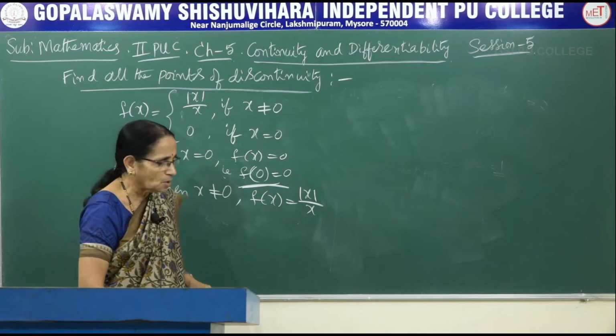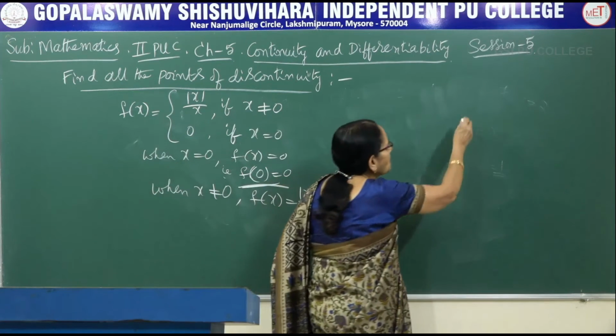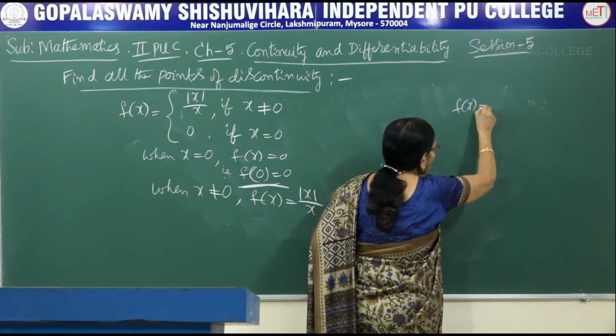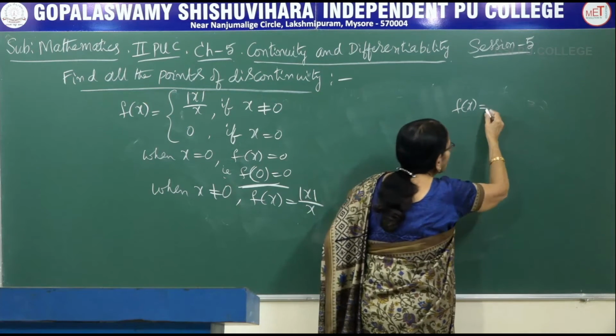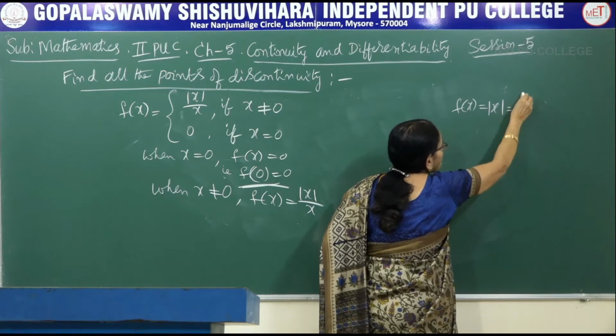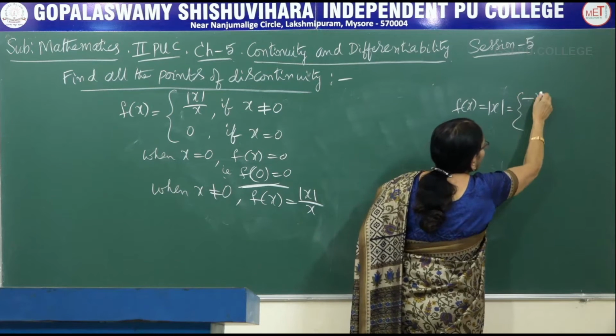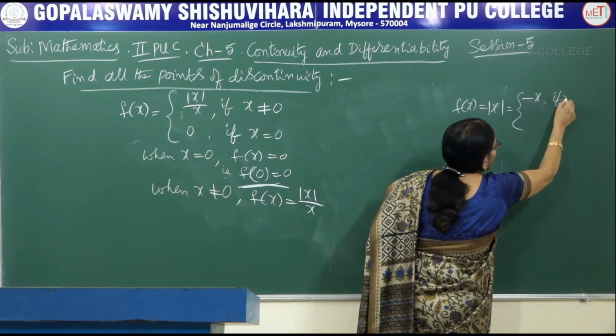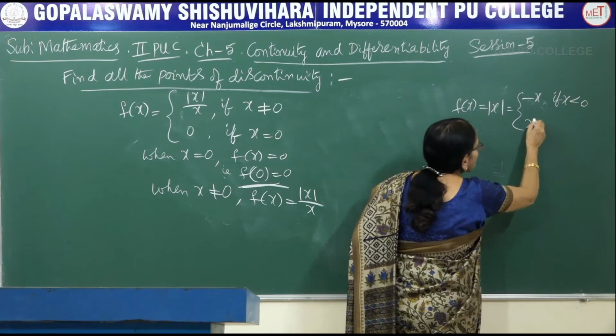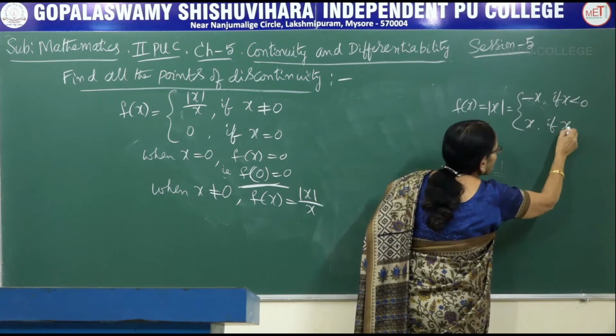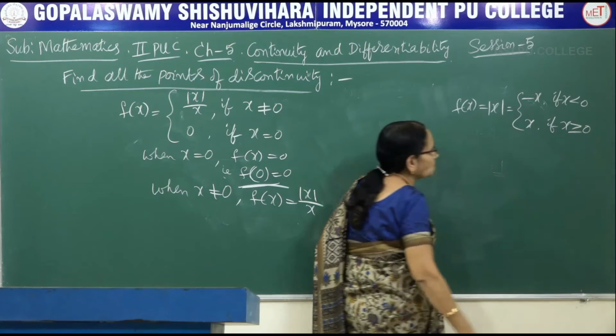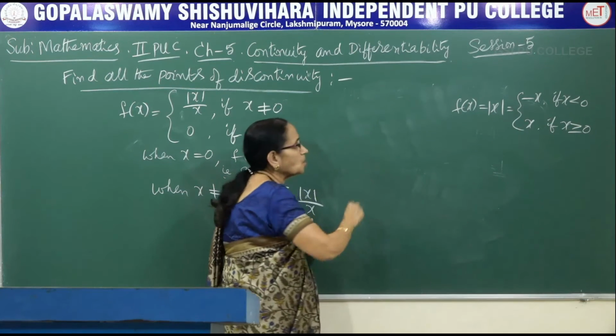You know the definition of mod x. I hope you remember we have considered it in some earlier session also. f of x equal to mod x means it is equal to minus x if x is less than 0. This is equal to plus x if x is greater than or equal to 0. So f of 0 is 0, it is given.